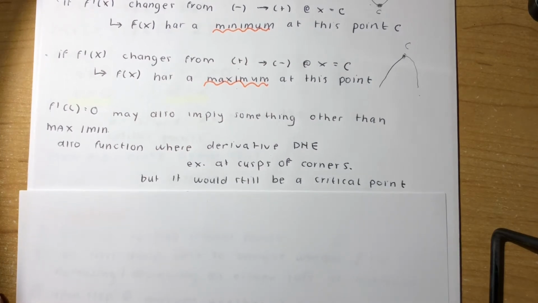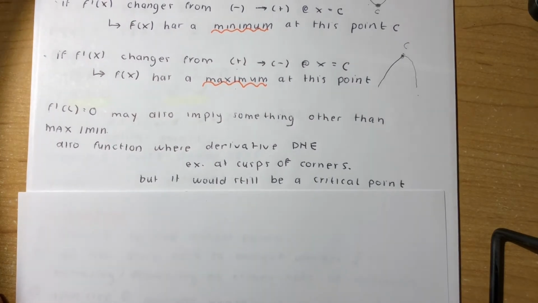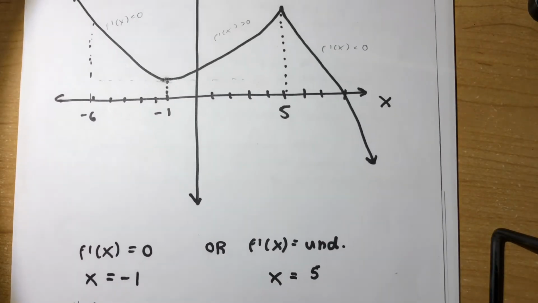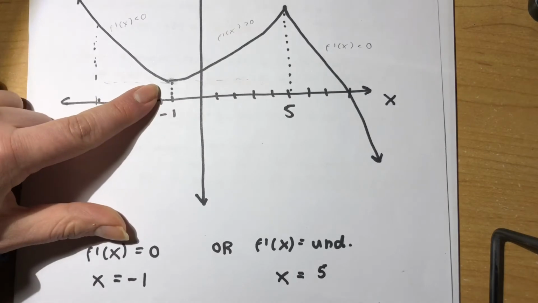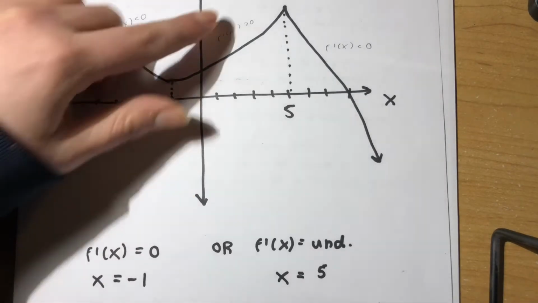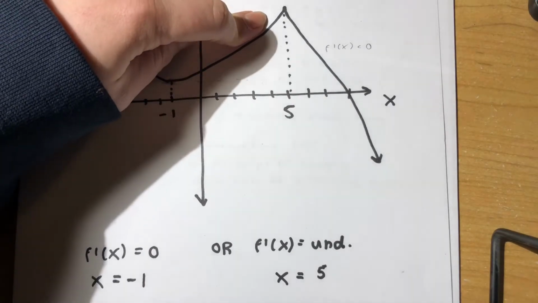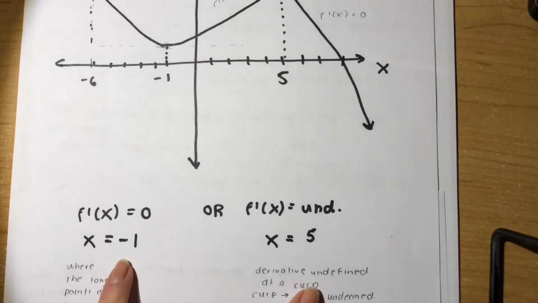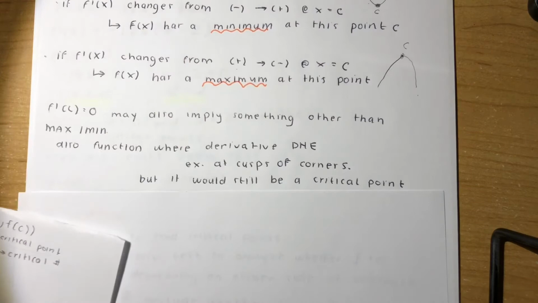But even though it's undefined at that point, it is still a critical point. So just like in this example where the slope is equal to 0, so f prime of x is equal to 0, and also where the function is undefined, those became our two critical points.